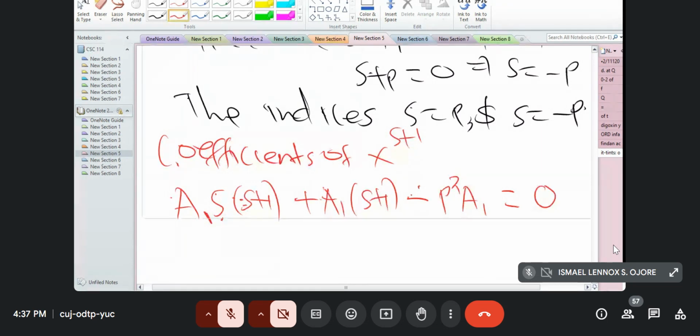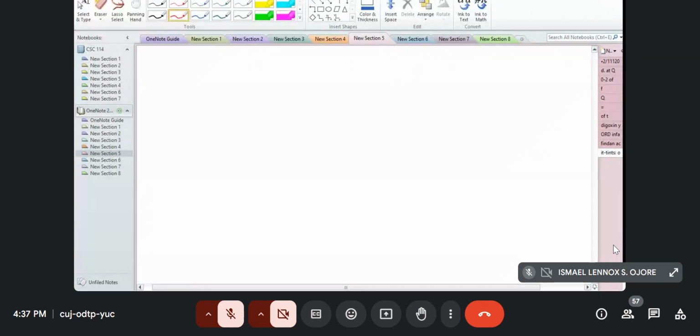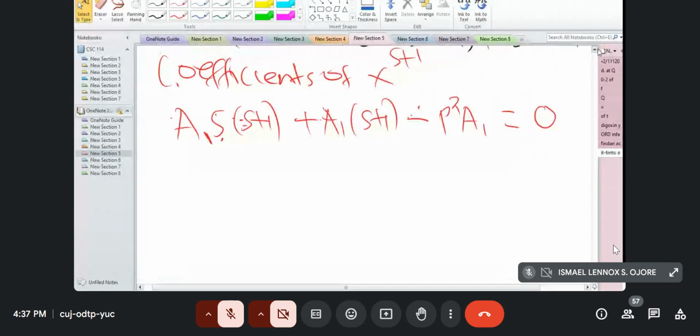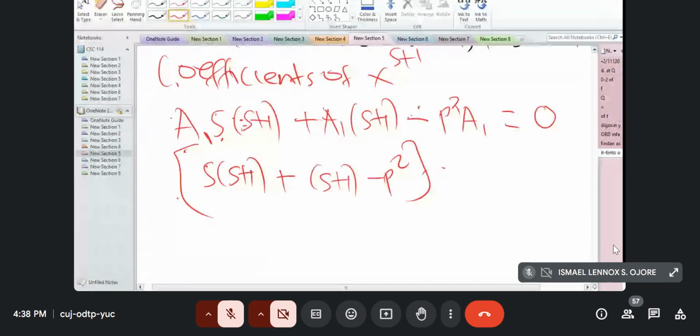So A1 is common again. We factor out A1. Then we'll have s into s plus 1 plus s plus 1 minus p squared, and this is equal to 0.